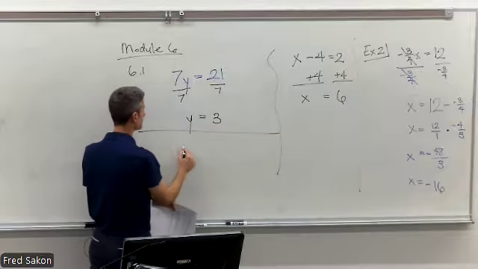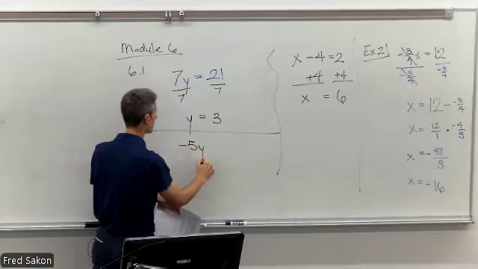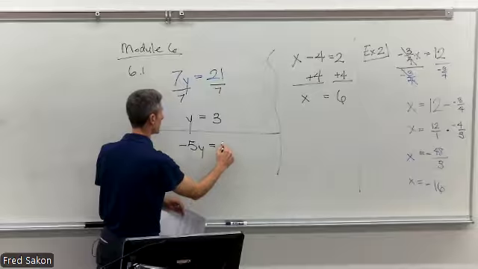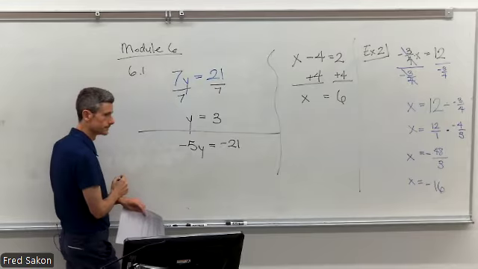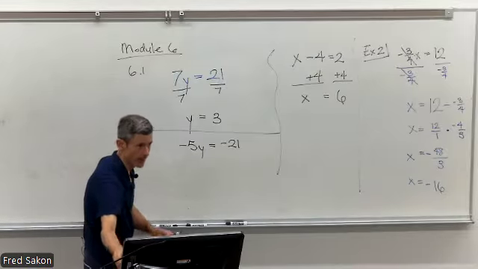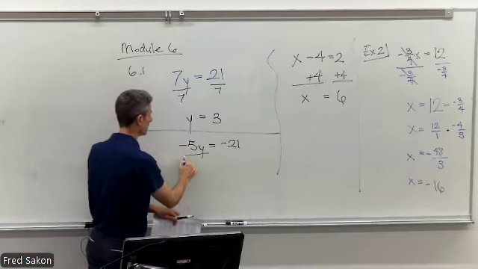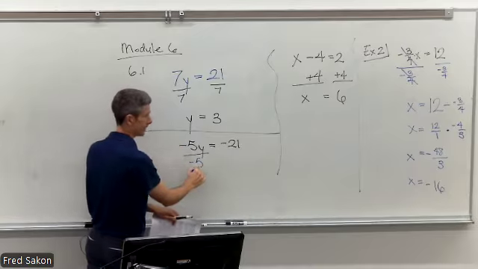What about negative 5y equal negative 21? Same structure, right? So nothing really is going to change about what we do, except the number itself can be different.